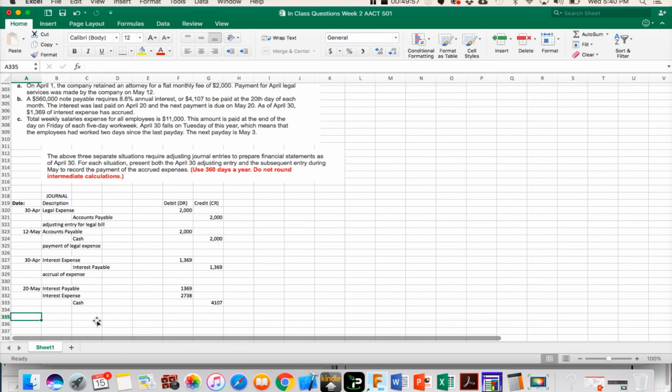So at the end of the month, we want to show salaries expense that we haven't paid yet. So these are going to be salaries payable for the amount of hours essentially that have been worked. That's 2 of the 5 days. So if we just divide this into 5 days, that's going to give us 2,200 per day.